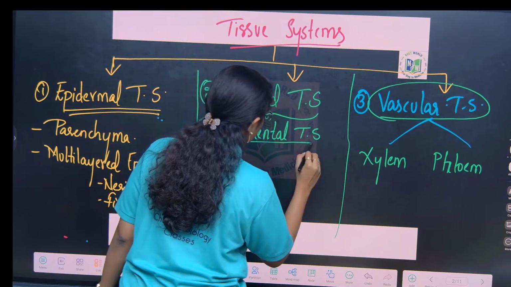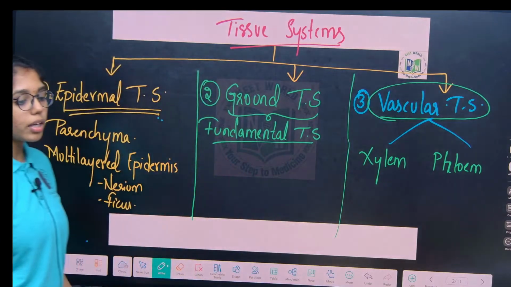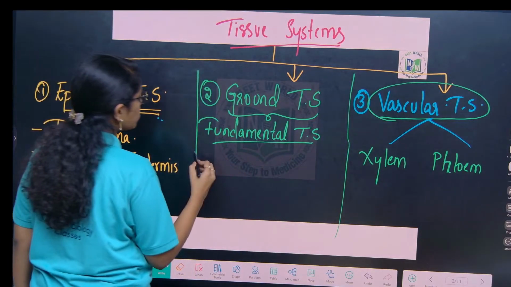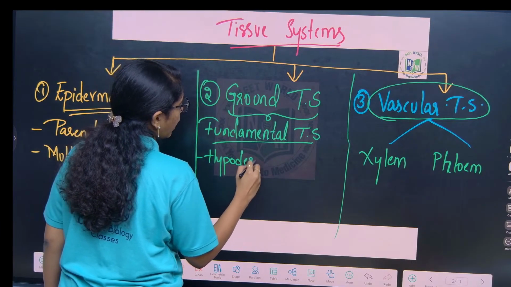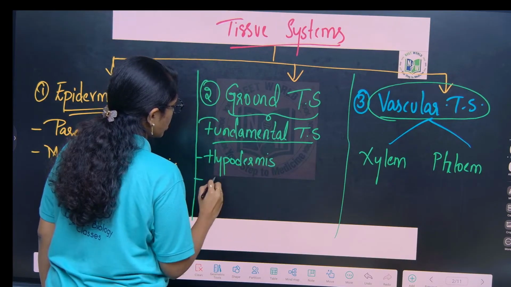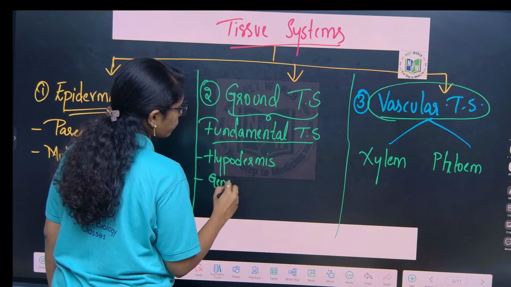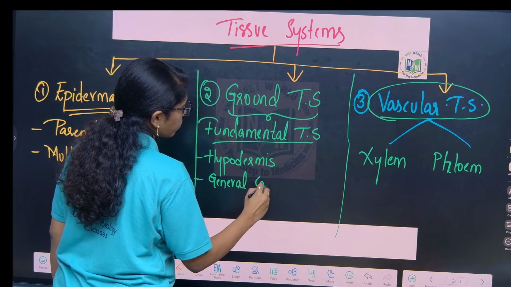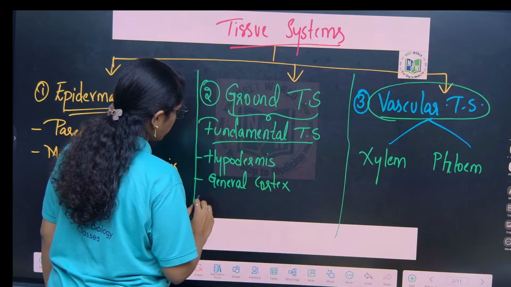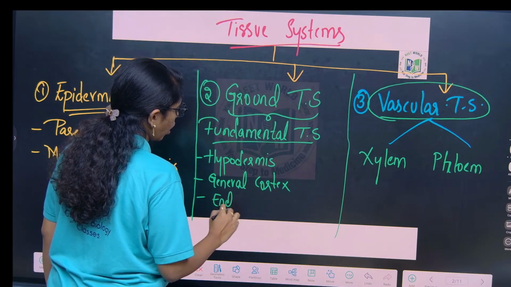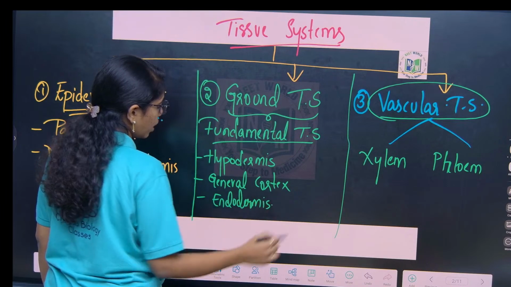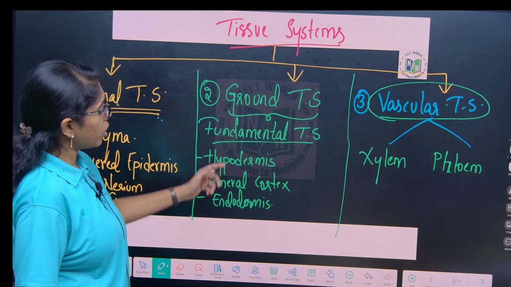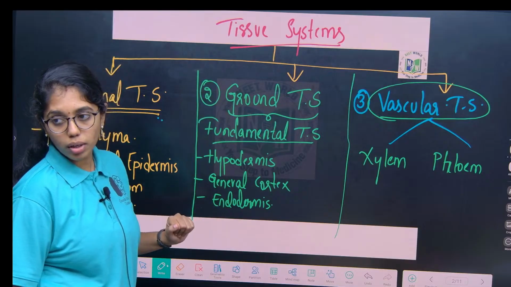So, fundamental tissue system includes what? After epidermis, first is hypodermis, general cortex, endodermis, which is the last layer in the cortical region. Hypodermis, general cortex and endodermis.